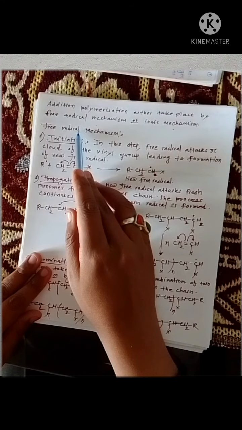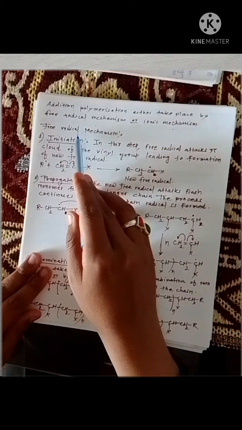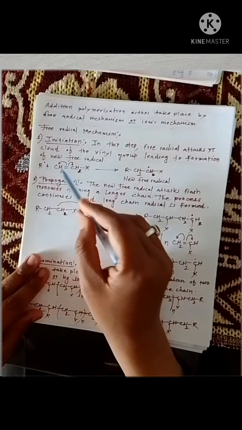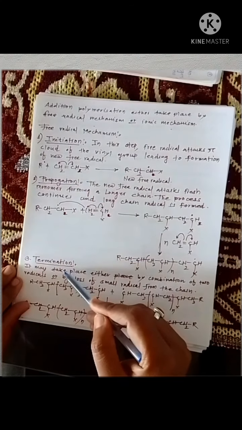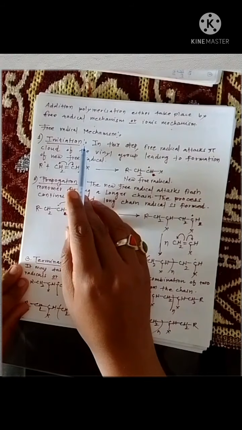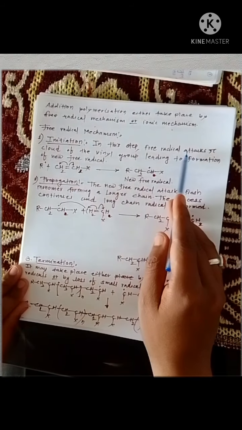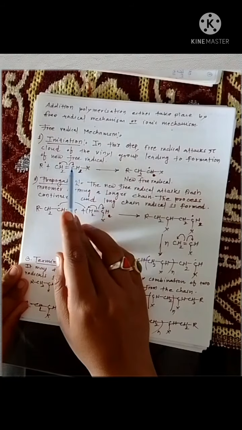In the free radical mechanism, polymerization is basically divided into 3 steps. First is initiation, second one is propagation, third one is termination. In the initiation step, a free radical attacks the pi cloud of the vinylic group.